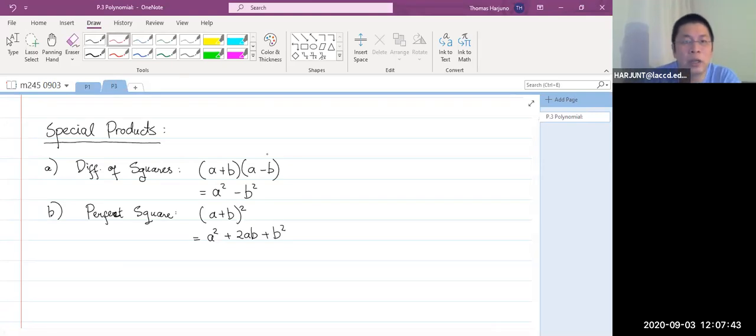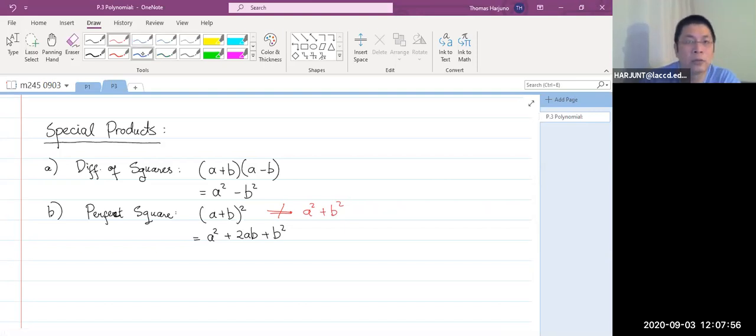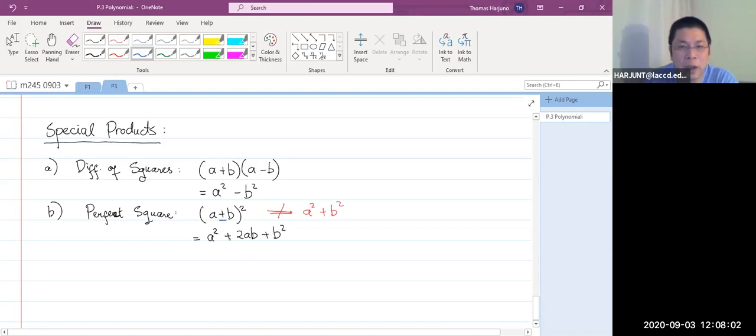Okay, warning that this is not equal to a squared plus b squared. No, they are not. When you FOIL that, you will see that there are actually three terms. Now, in fact, if this were a minus b quantity squared, then it will have the same pattern except that this should be negative here.